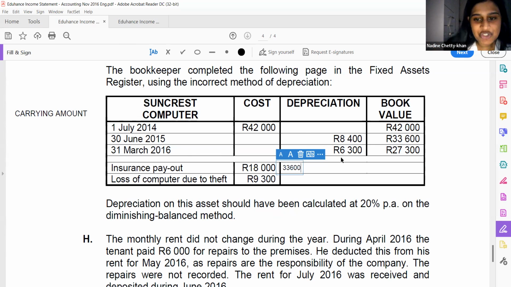So you take the 33,600 and multiply it by 20%. And what should that give you? Let's pull out our calculator. 6,720. And we recognized depreciation of 6,300, so we need to increase depreciation by the difference.